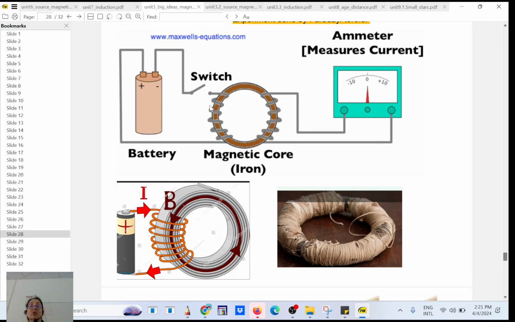Now, if I connect it to an AC, the magnetic field, same as a transformer, is going to expand and then collapse, expand in the other direction, and then collapse. So it's going to induce a voltage in this circuit here. So exactly like a transformer, except it looks like a donut.